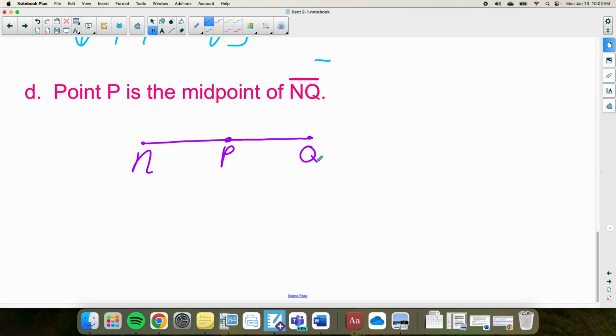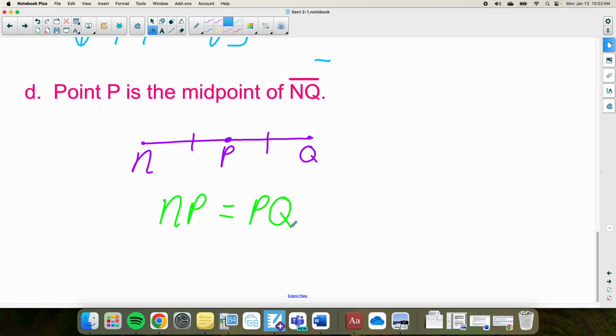Does it tell us something about these two? If it's the midpoint, it is the middle point. And do you guys remember how those two pieces would be equal? So what you could say as an answer here is just that NP is going to equal PQ.